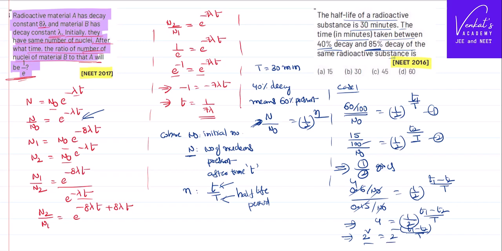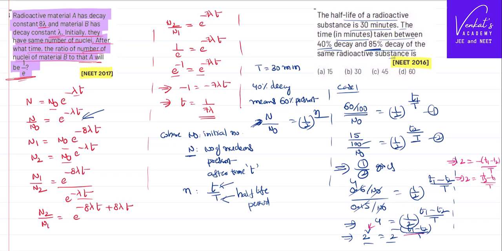As the bases are equal, as I told you, we can equate the powers. So 2 equals T2 minus T1 by half-life.